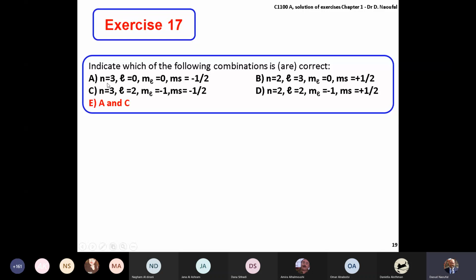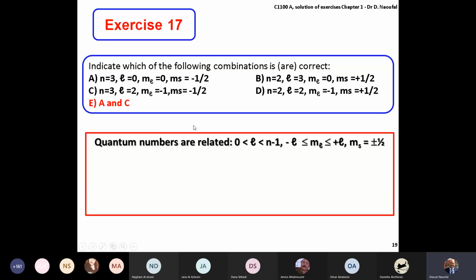We have a set of quantum numbers n, l, ml, and ms, and as we know, the quantum numbers are related. n is an integer number 1, 2, 3, 4, 5, 6, 7, etc. L is between 0 and n minus 1. ML is between minus L and plus L. And MS is plus half or minus half.